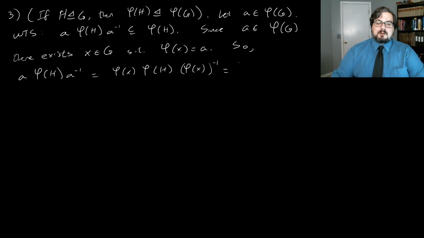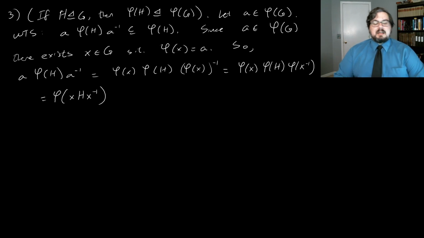Since phi is a homomorphism, rather than applying phi and then doing all the operations, we can apply all the operations first and then apply phi. So this is all equal to phi of X times H times X inverse.